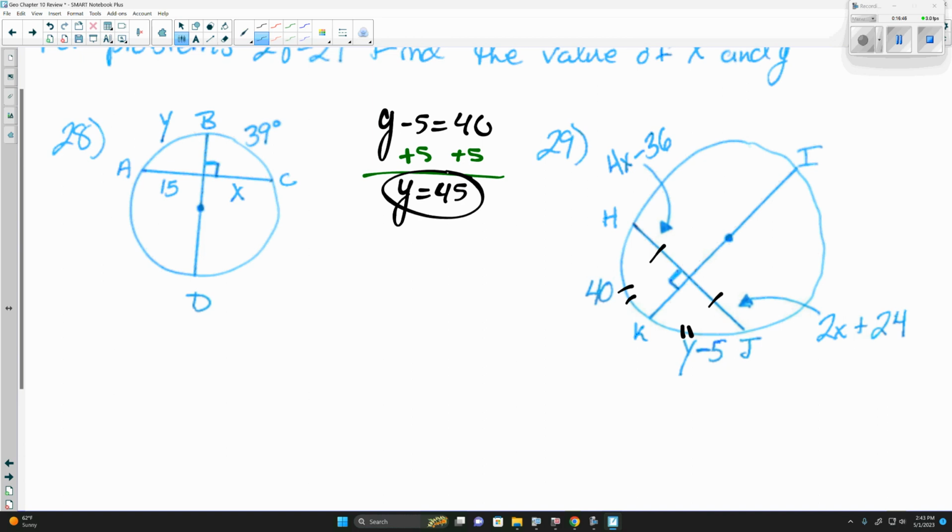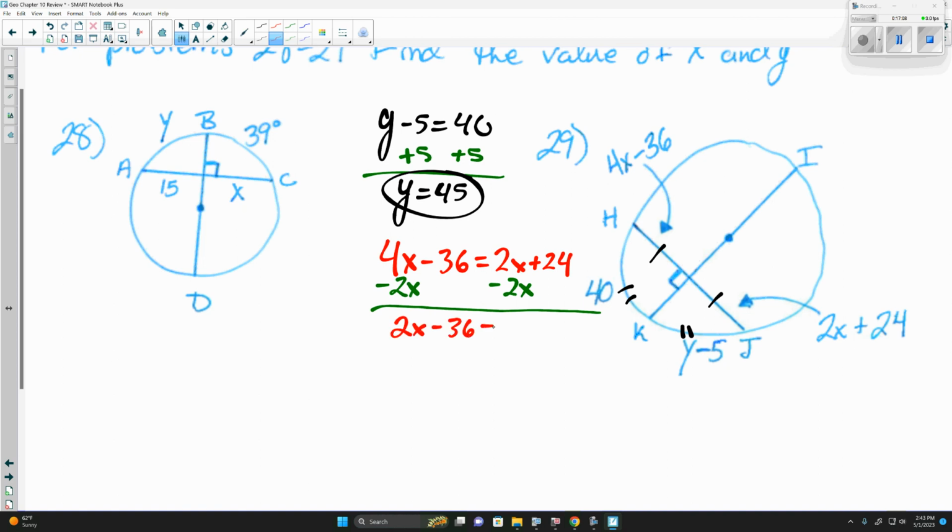Now we also know that the two segments, 4x minus 36 is going to equal 2x plus 24. They're going to be congruent. So we can set them equal to each other and solve for the value of x. We can minus 2x first, telling us that 2x minus 36 is equal to 24.